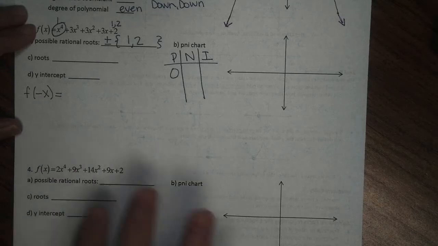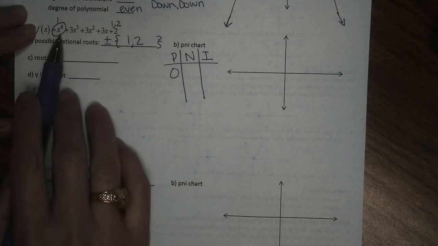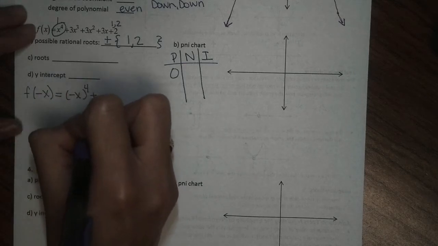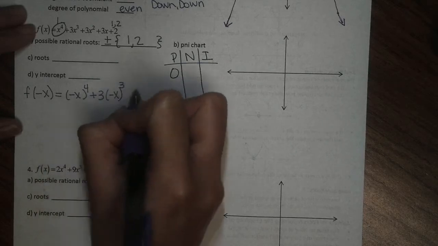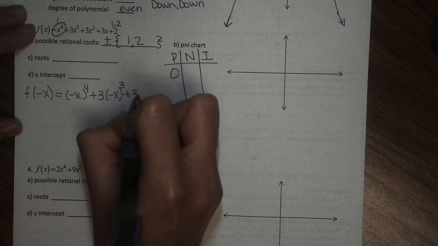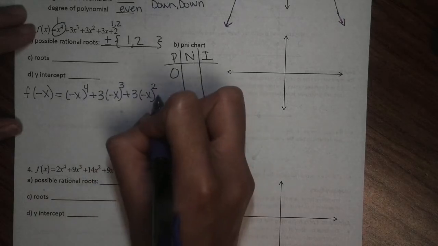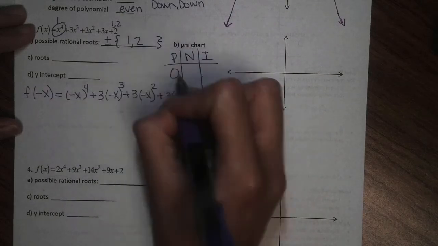Again, there's a video just on this. Watch it. If I take negative x and plug it in here, this is going to be negative x to the 4th plus 3 times negative x to the 3rd plus 3 times negative x squared plus 3 times negative x plus 2.